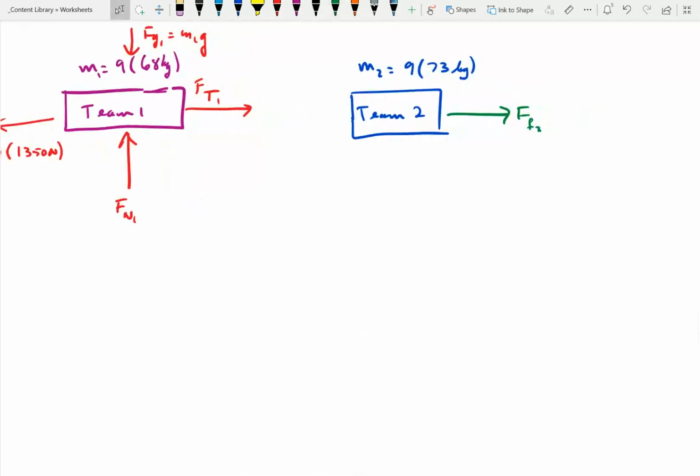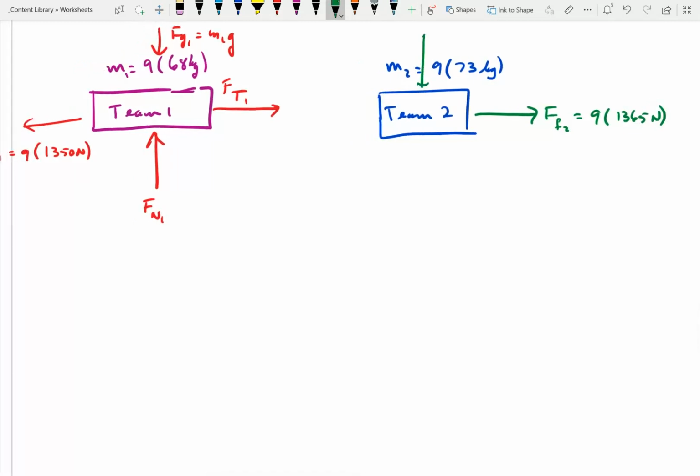Fellers, could be ladies too. Equals 9 times their average force of 1365. Force of gravity 2 is equal to m2g. Force normal 2. And force tension 2.